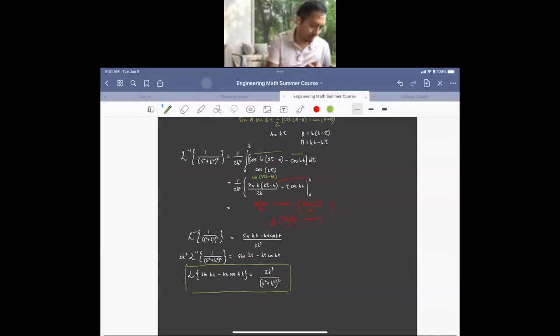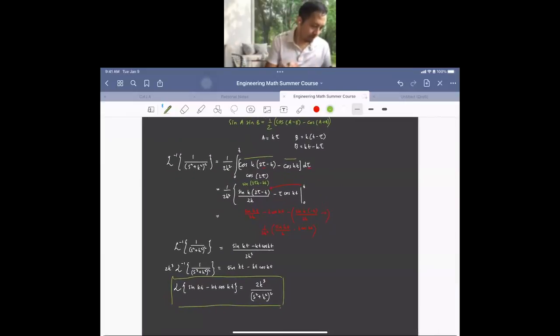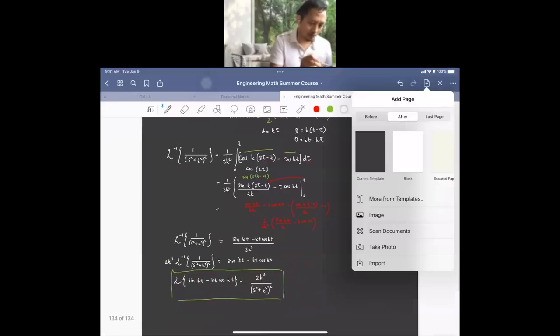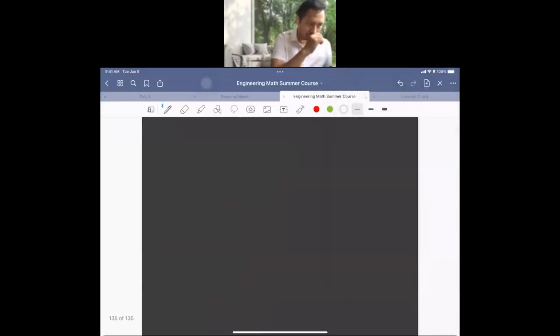Okay, so next is the transform of integral. So Laplace, let me write maybe.